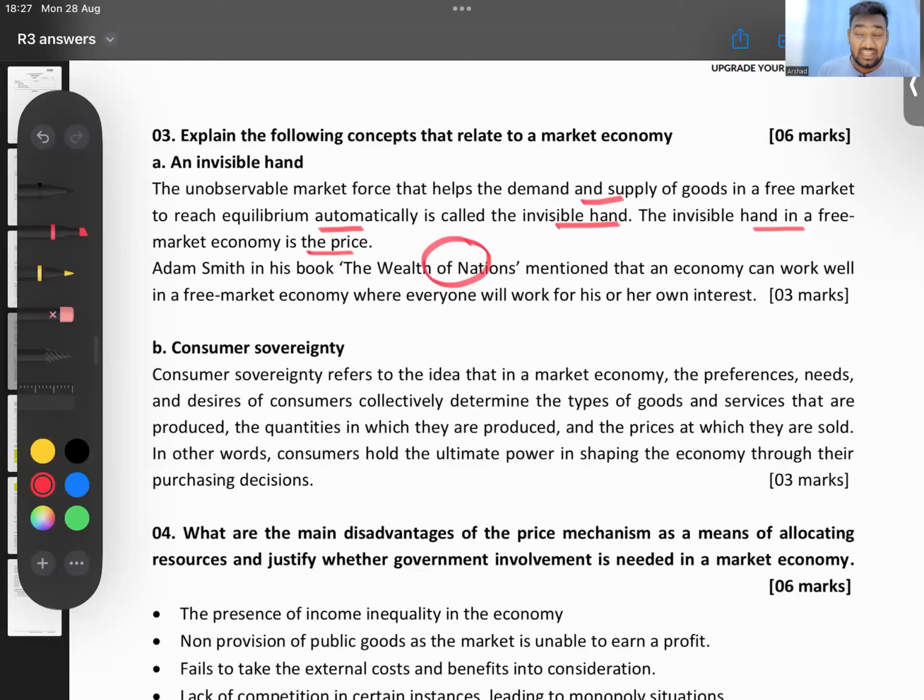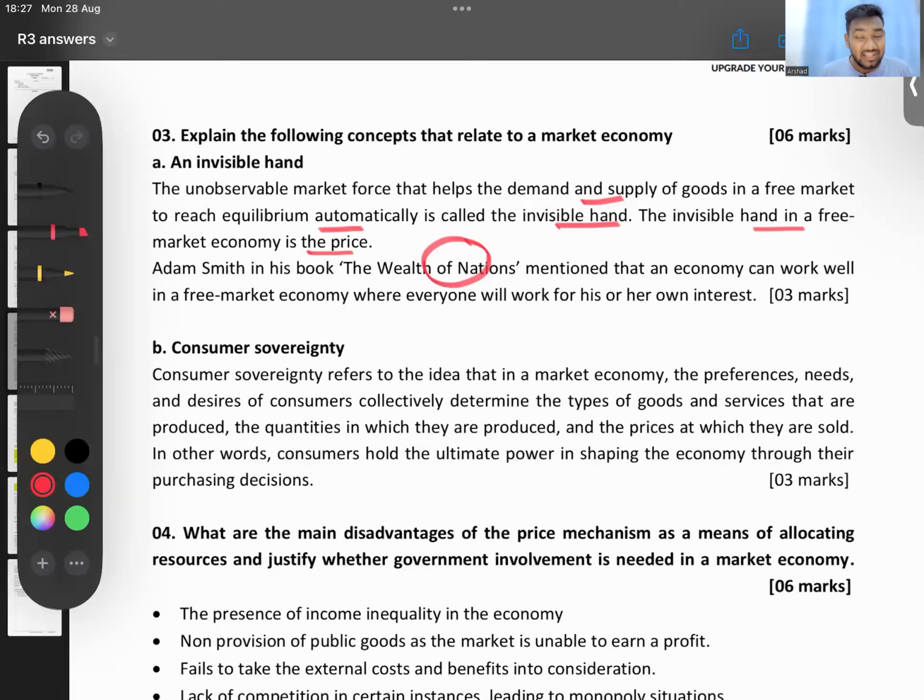He said that in a free market economy, if the government doesn't get involved or do anything, automatically based on price, which is the invisible hand, everything will work fine. If there is an excess of some good, the price of that will come down. It will be solved. If there is a shortage of something, the price of that will go up. That will be solved, right? So you don't have to have the government coming and putting taxes on the goods and setting minimum and maximum prices. You don't need those.